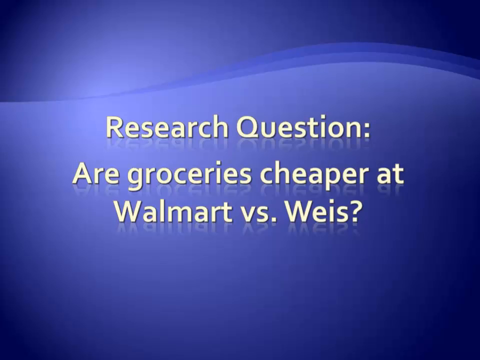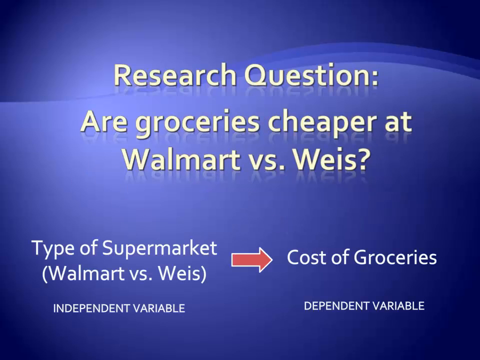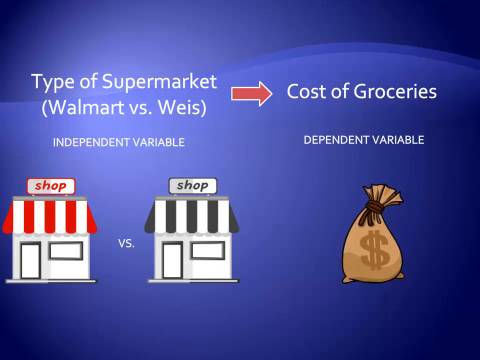Let's say I wanted to find out if groceries were cheaper at Walmart versus Wise supermarket. I can restructure this question to clearly indicate my independent and dependent variables. The independent variable of type of supermarket is categorical with two levels or subcategories. These subcategories are Walmart and Wise.